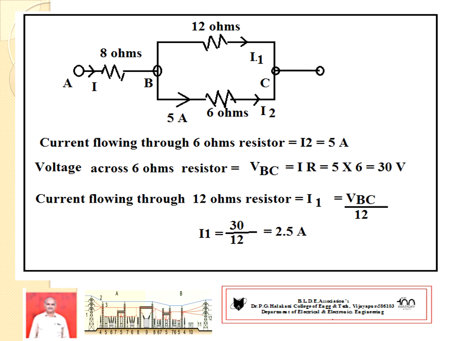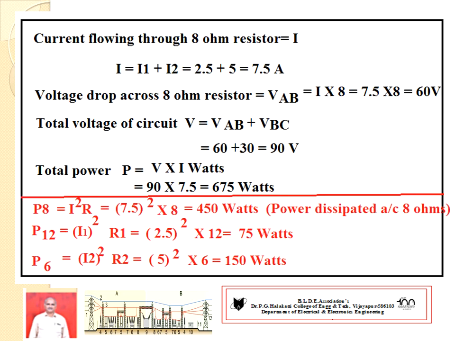Then the current flowing through the 12 ohms resistance is I1. I1 equal to VBC by 12, VBC is 30, divided by 12. We are going to get 2.5 ampere. So the current flowing through the 8 ohms resistor is capital I ampere.